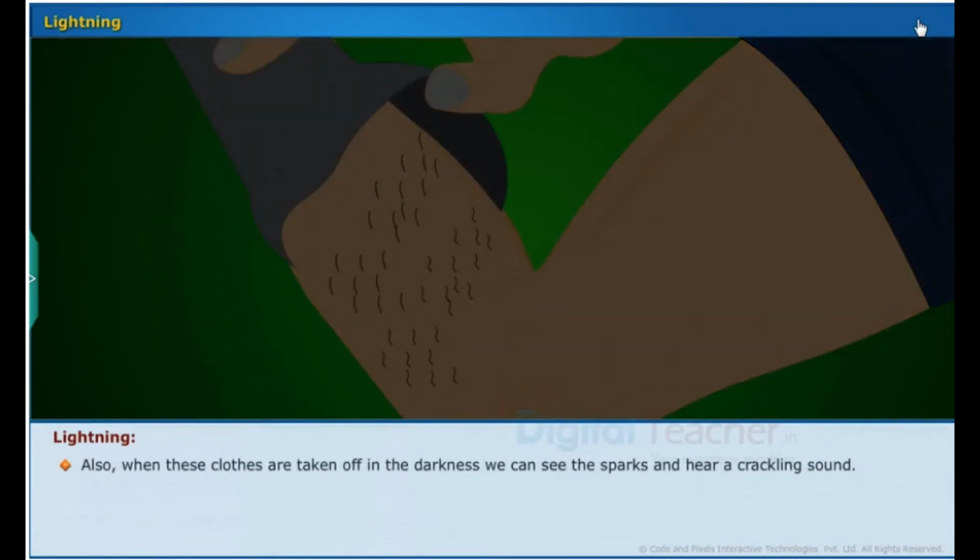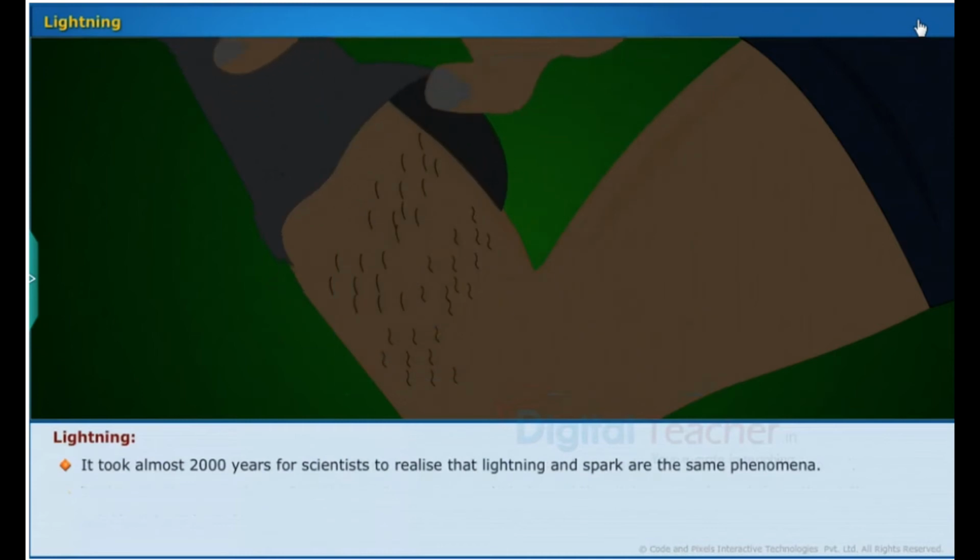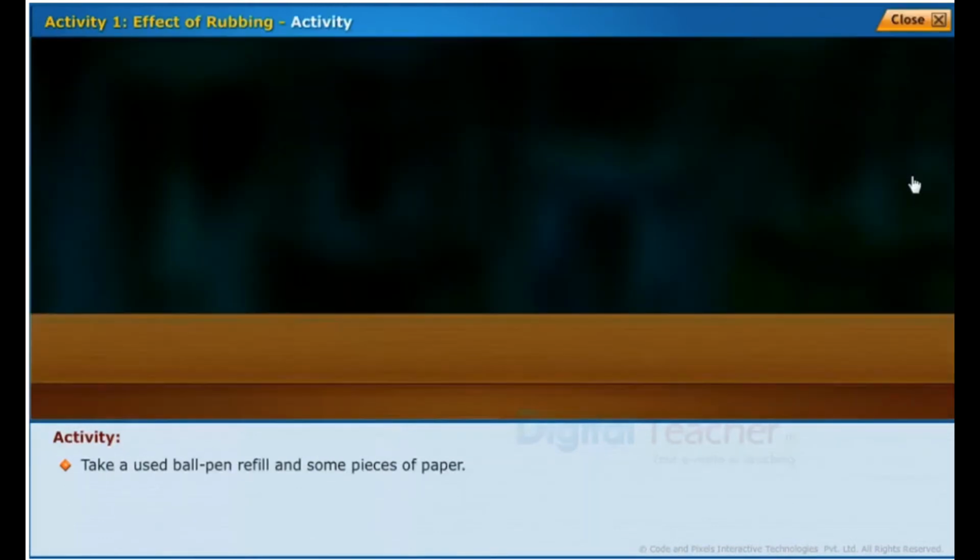Also, when these clothes are taken off in darkness, we can see the sparks and hear a crackling sound. In the year 1752, Benjamin Franklin, an American scientist, showed that lightning and spark from the clothes are the same phenomena. It took almost 2000 years for scientists to realize that lightning and spark are the same phenomena.